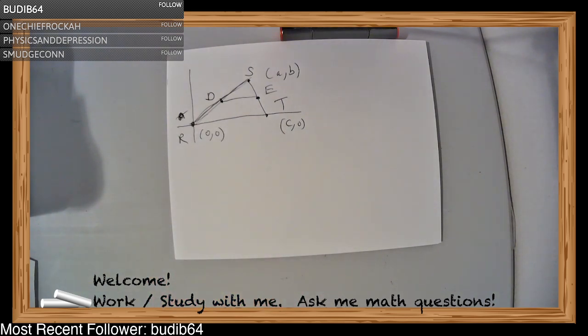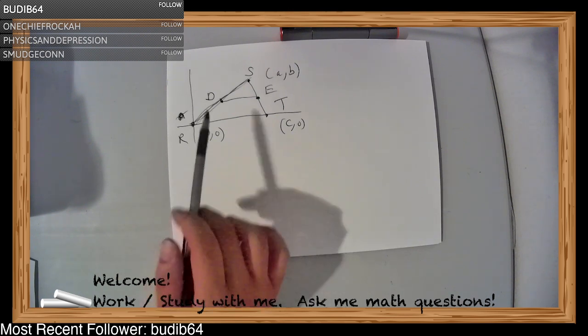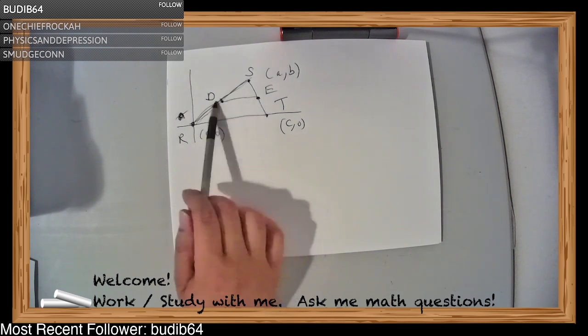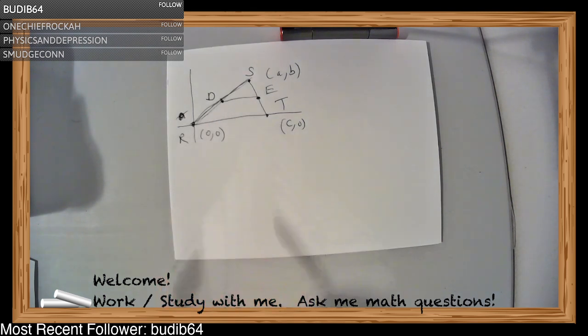Always. The second thing that we're going to prove here is that the length of DE is always half of the length of RT. So let's see if we can do this. Let's try. Okay. And after this, we're going to try to do something really complicated, but hopefully it'll work out.